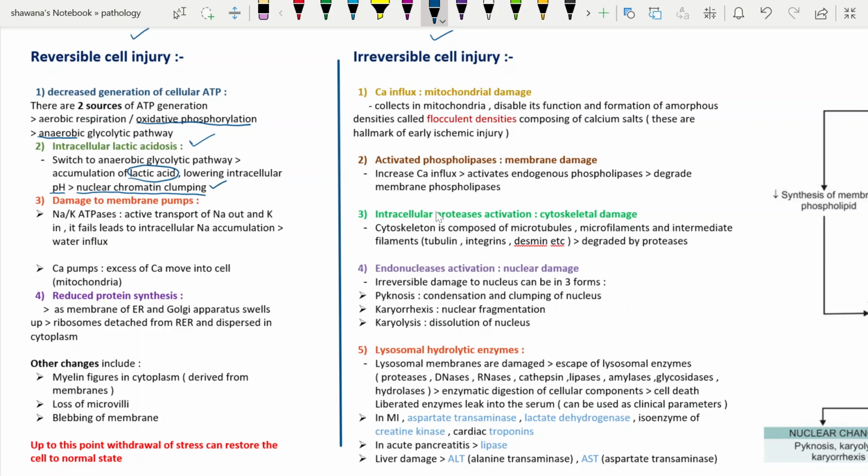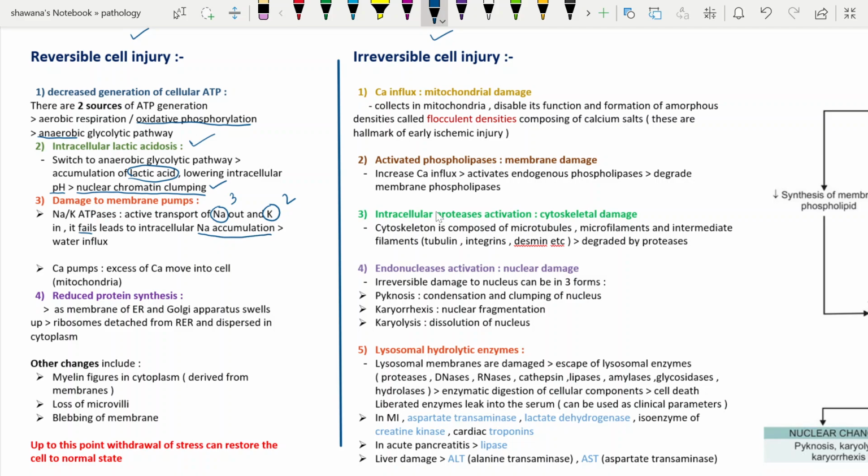The third one is damage to the membrane pumps. There are a lot of membrane pumps in the cellular membrane. Sodium potassium ATPase is the most common of them. It constantly pumps 3 sodium out, and in return 2 potassium into the cell. But when it fails, it leads to intracellular sodium accumulation.